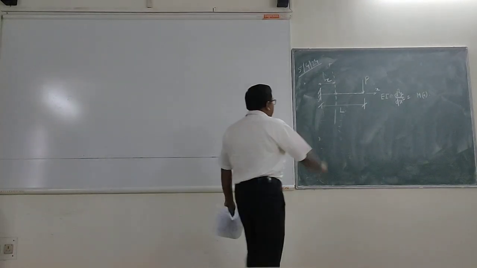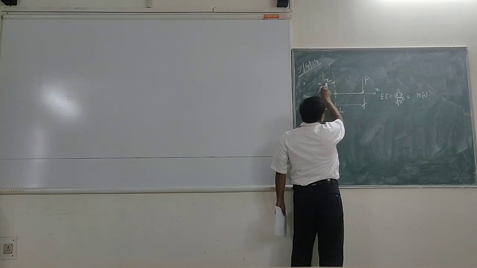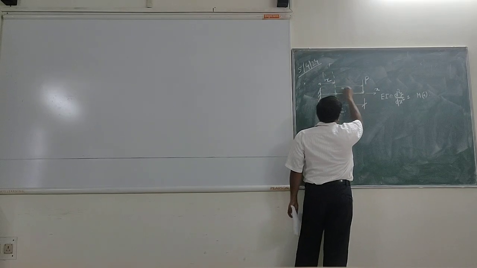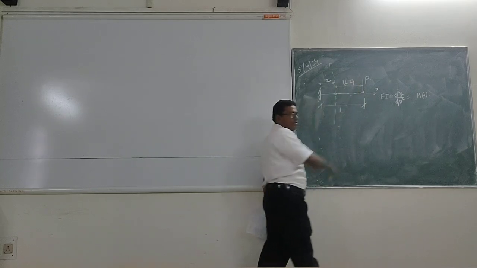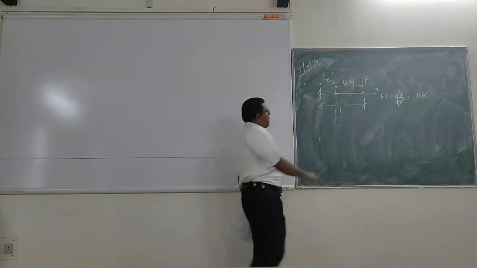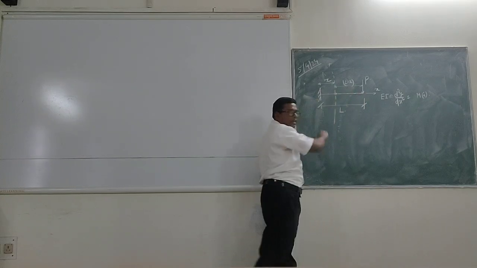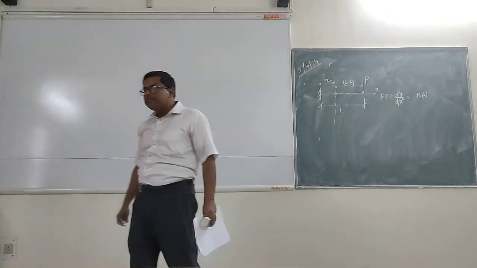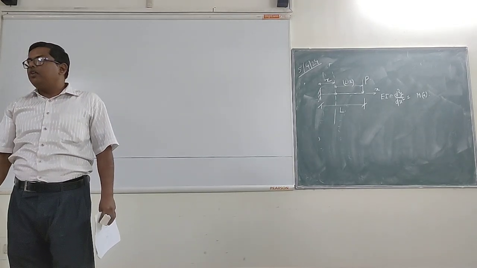So what will be the bending moment at this section? If this length is x, then what is this much length? This is actually L minus x. Correct? So the bending moment here, simply if you see, is P into L minus x, and it will be negative bending moment. How much will be the bending moment? P into L minus x, right? And it will be negative.